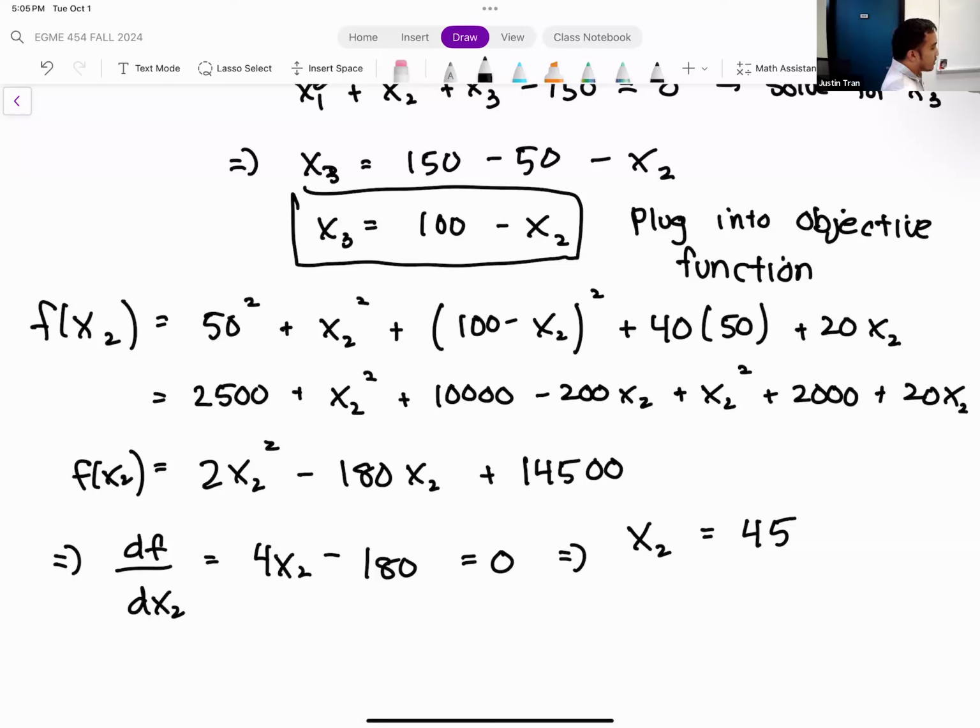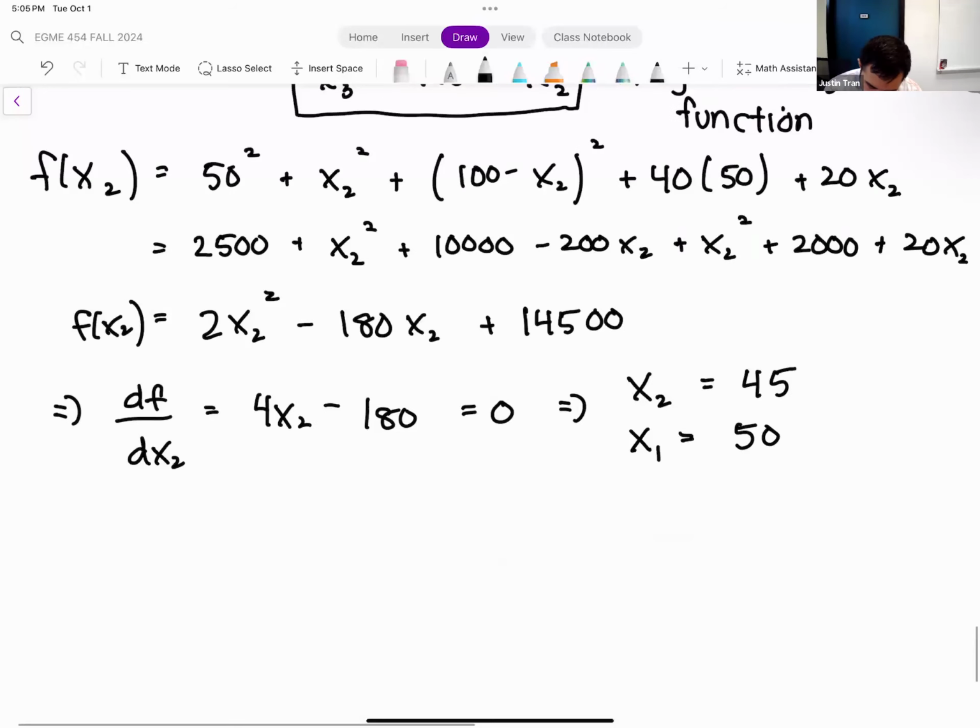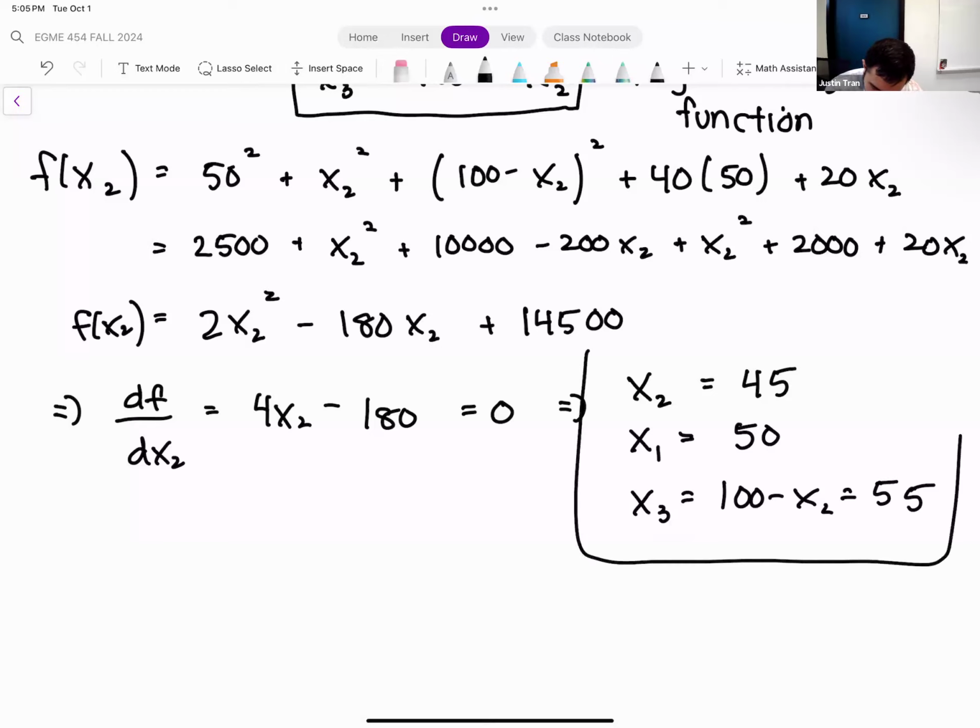All right. And so if we combine this with our previous results, based on our constraint equations earlier, we know that x1 is equal to 50. x3 we know is 100 minus x2, which is 55.